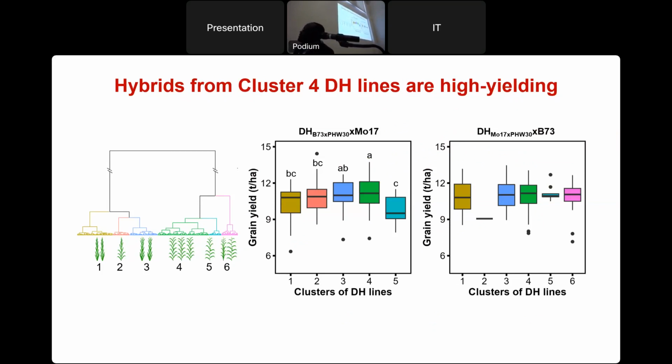Well, we see that for the one on the left, overall cluster 4, we have intermediate leaf angle across the canopy. And for cluster 3, where we have upright leaves, but not too upright, and open at the top, those seem to have higher grain yield. For the second, there is no significant difference, but still cluster 4 tends to have a higher yield.